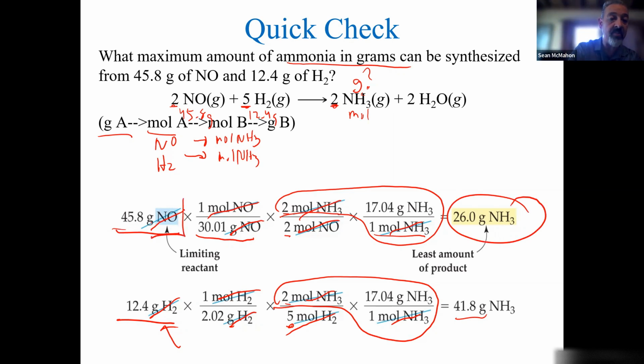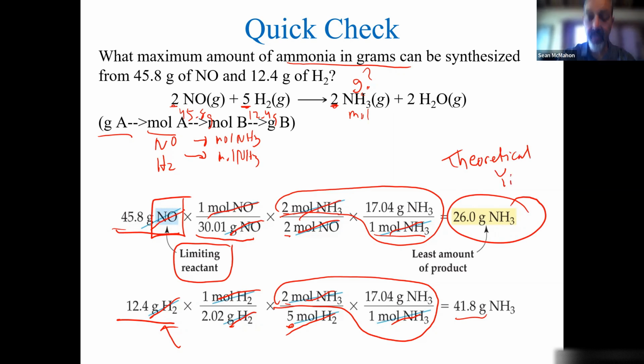So my nitrogen monoxide is my limiting reactant. And I produce, theoretically, my theoretical yield is 26.0 grams of ammonia. Why 3 sig figs? Because the answers started with 3 sig figs.